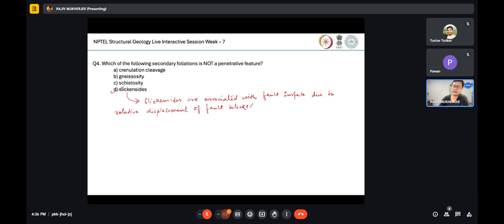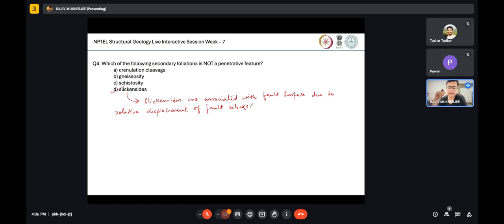Generally we say that slickensides are non-penetrative features, but it can also happen that the fault is occurring in a brittle-ductile regime. Any kind of brittle deformation associated with the rock will also affect the ductile deformation of the rock.